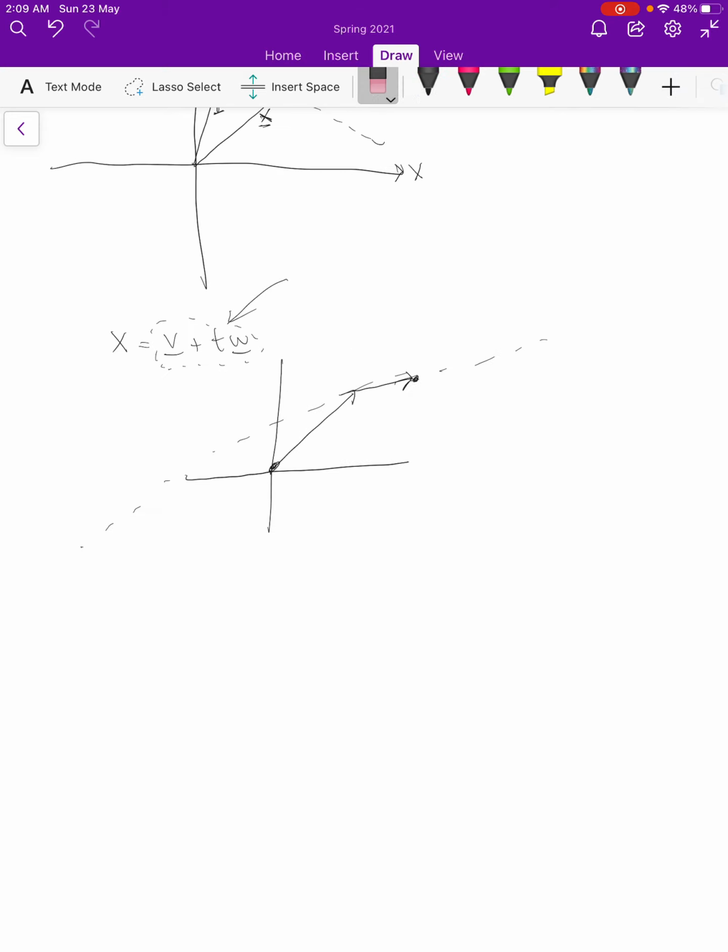So, in what case would it go through the origin? Well, firstly, recall that if v is actually the zero vector, then we can say that x is just the span of the w vector, right? But, of course, that's pretty obvious. What other case would it go through the origin?